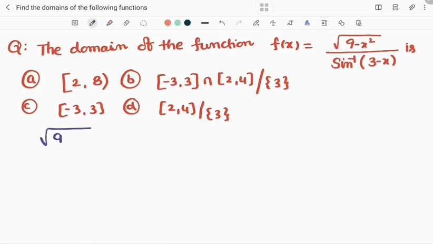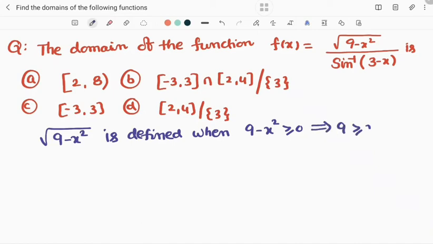Root 9 minus x square is defined when 9 minus x square is greater than or equal to 0. So that means 9 is greater than or equal to x square.